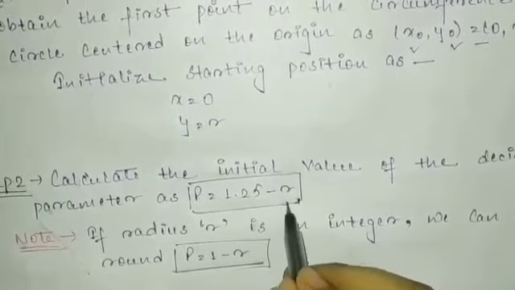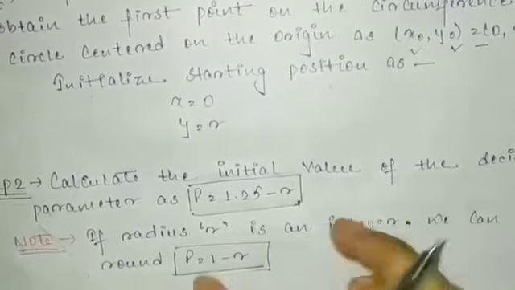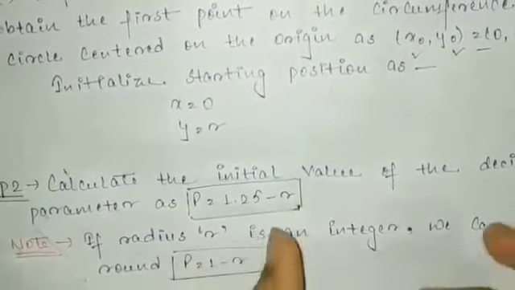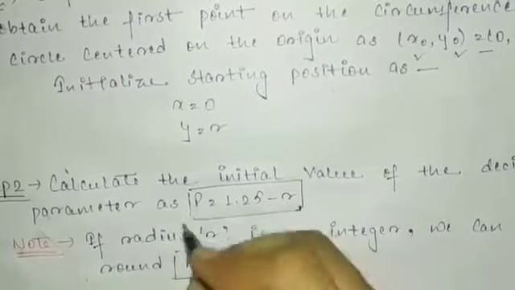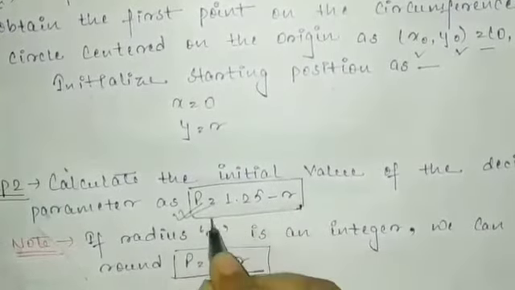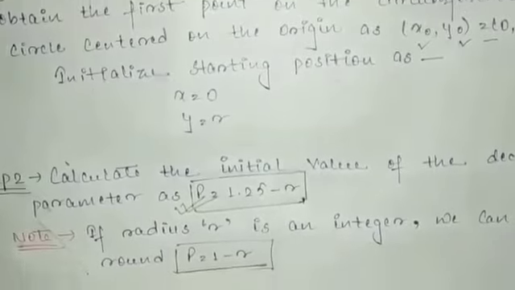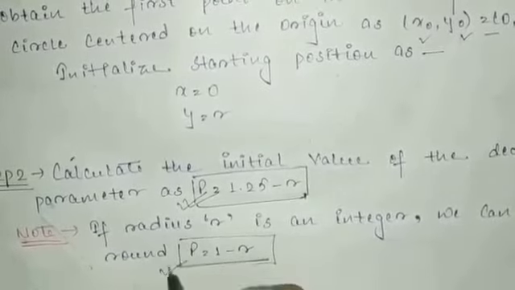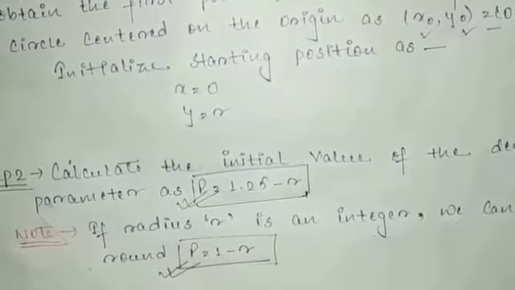Means if radius is in the floating form or in the decimal form, then we will find the initial value of the decision parameter by using this formula, p is equals to 1.25 minus r, and if the radius is an integer, then we can use this formula, p is equals to 1 minus r.